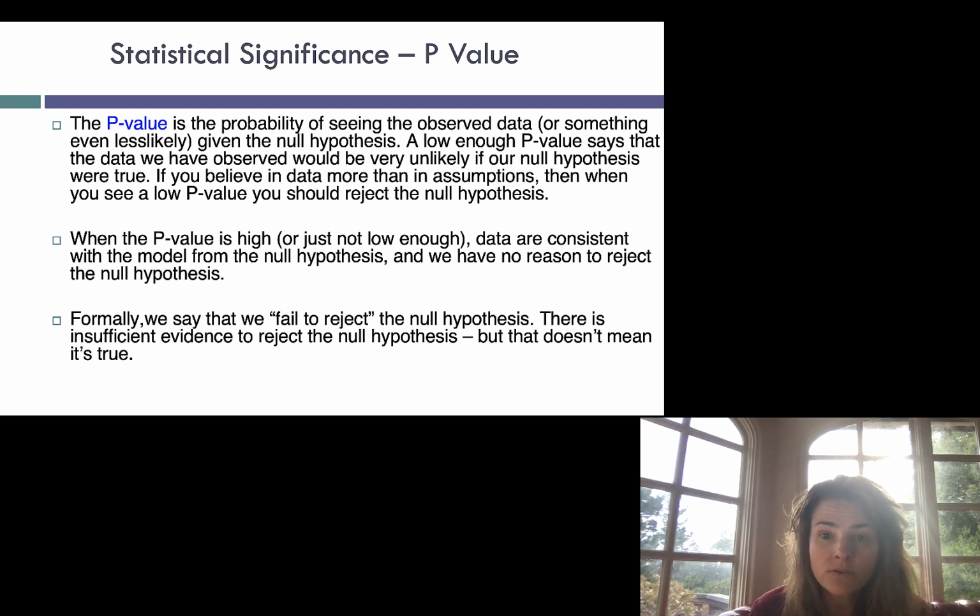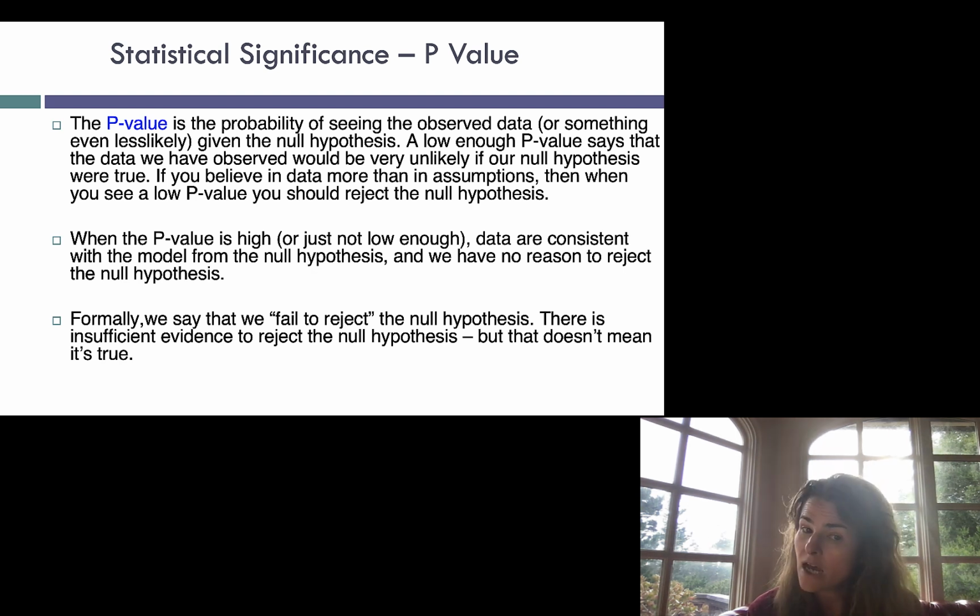The key thing we are looking at here is what we would call a p-value. The p-value is the probability of seeing the observed data given the null hypothesis. A low enough p-value says that the data we have observed would be very unlikely if our null hypothesis were true. Essentially, that means that if you see a low p-value, you should reject the null hypothesis.